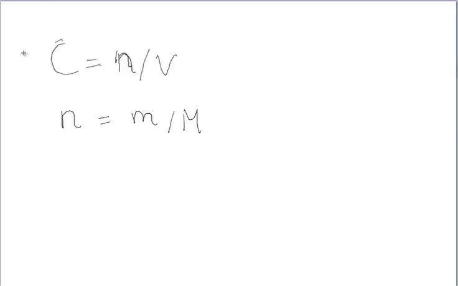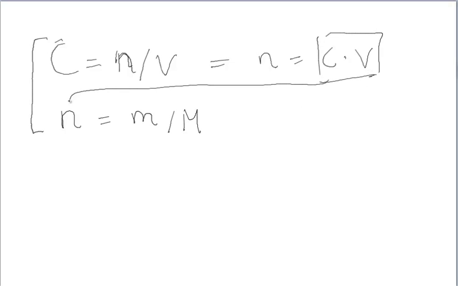These two last formulas you can combine, because from the first one that says that C equals N divided by V, you get out that N then equals C times V, and if you put this, that N is C, the concentration times volume, at the place of N in the third formula, you see that the concentration times volume equals mass divided by the molecular weight.